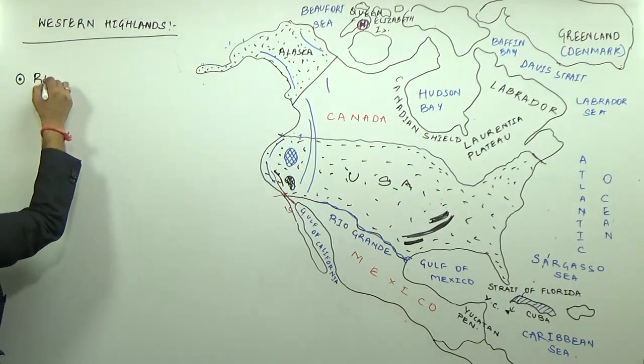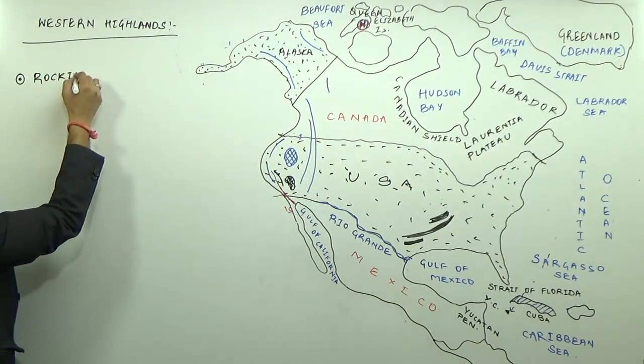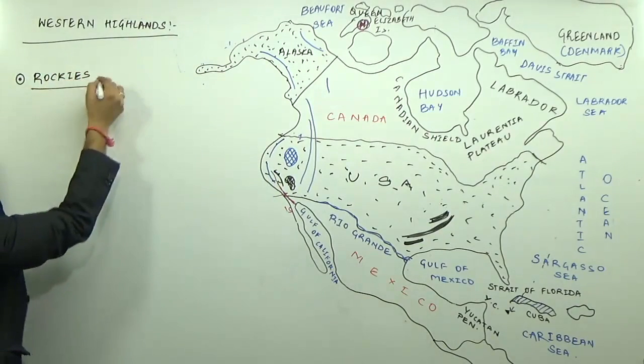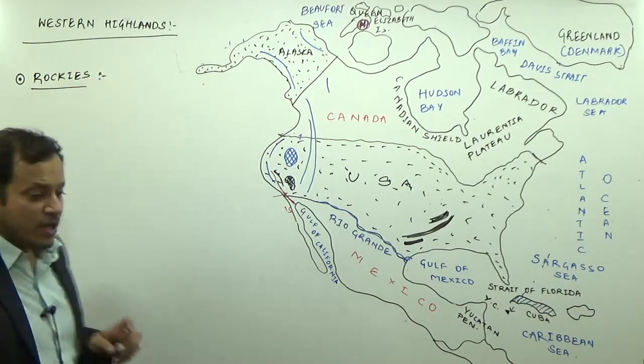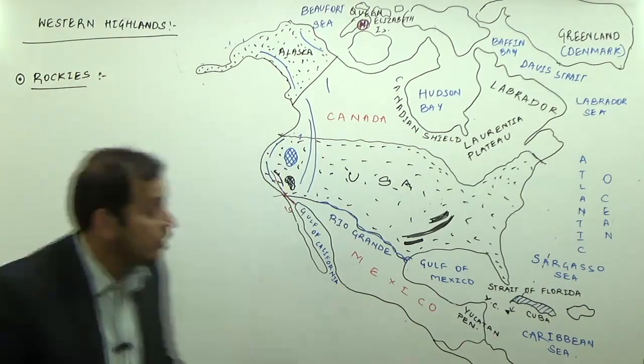And what are the Rockies? Rockies are young tertiary fold mountains.